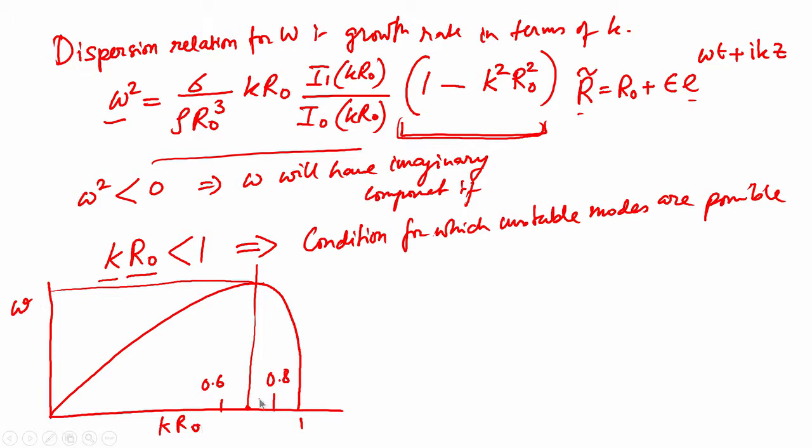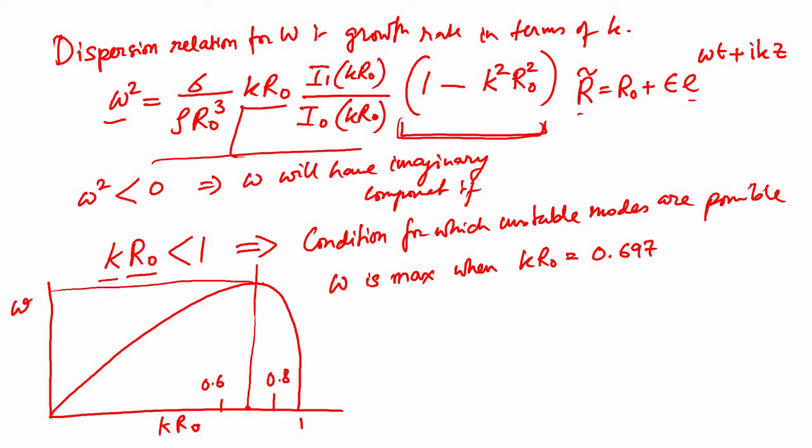So, omega is max when k r 0 is equal to 0.697. So, that means when k r 0 is equal to 0.697. So, for all k times r 0 less than 1, omega is unstable.